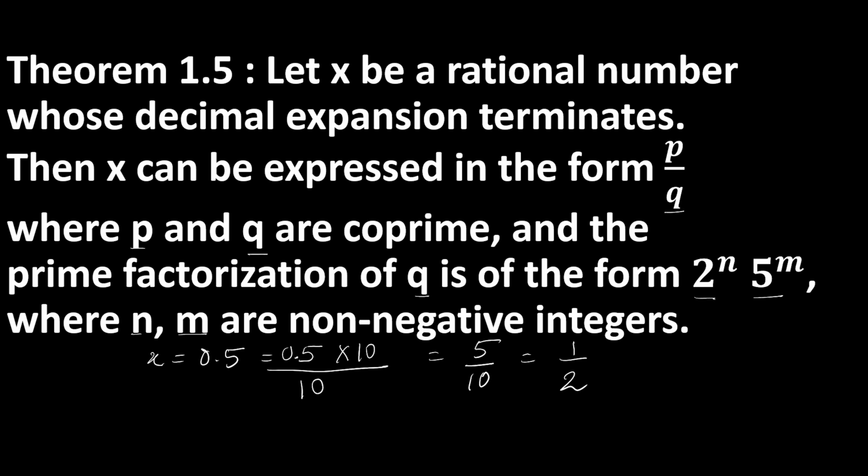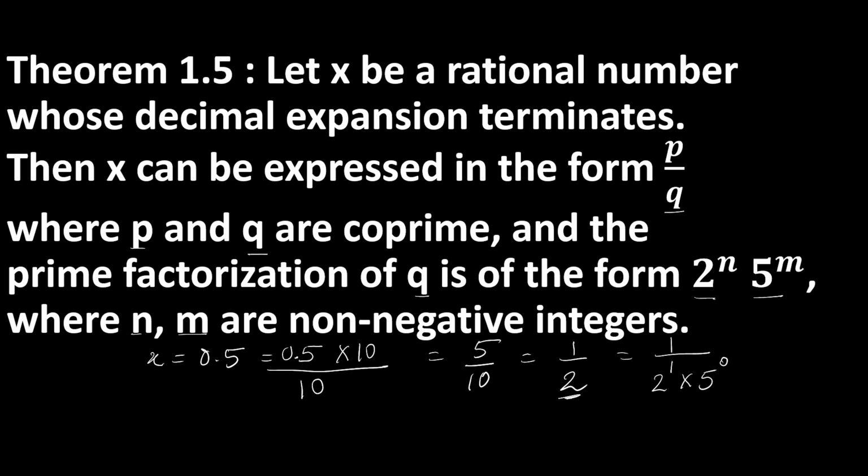Here you can see the denominator is 2, which can be written in the form of 2 raised to n and 5 raised to m. You can write it as 1 upon 2 raised to 1 into 5 raised to 0. So this is what Theorem 1.5 says: if you have a decimal expansion which is terminating, then that number can be written in the form of p by q, where p and q are co-prime.